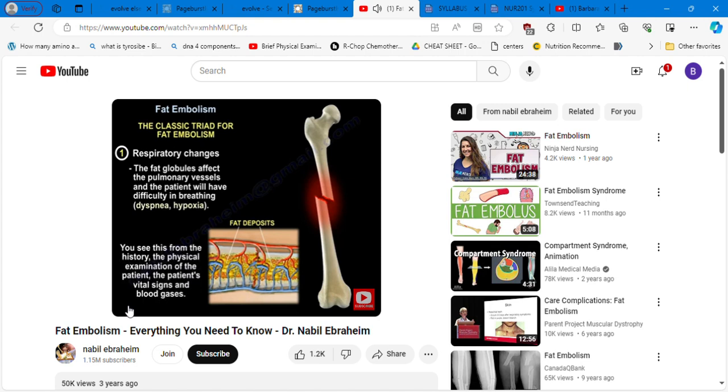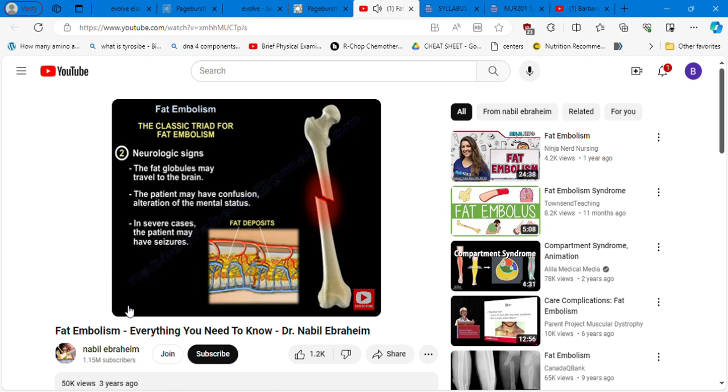You see this from the history, the physical examination, and the vital signs. Patient also may have neurologic signs because the fat globules can go to the brain: confusion, alteration of the mental status, and in severe cases, seizures. And then the third one is rash, petechial rash, because the fat globules can affect the dermal capillaries.